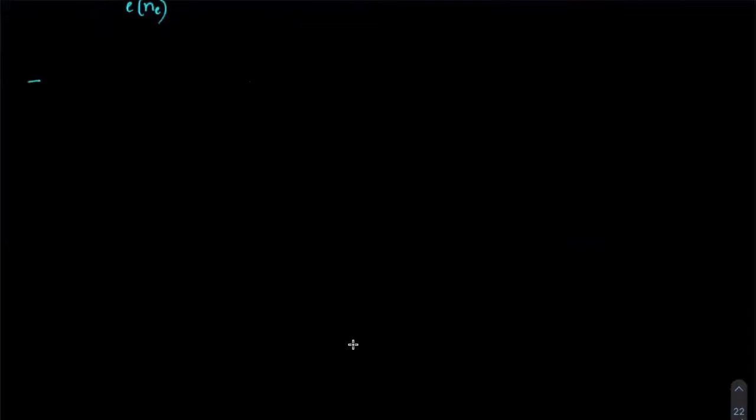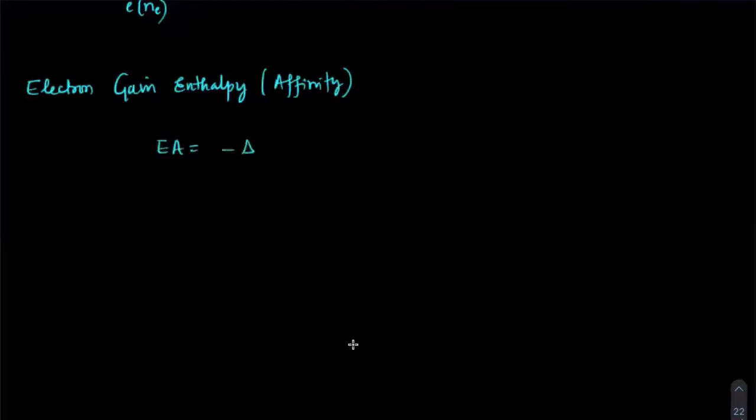Yes, sir. Next, electron gain enthalpy. Another term which is used is electron affinity. First and foremost, you have to remember electron affinity is always minus delta H of electron gain enthalpy, mathematically.